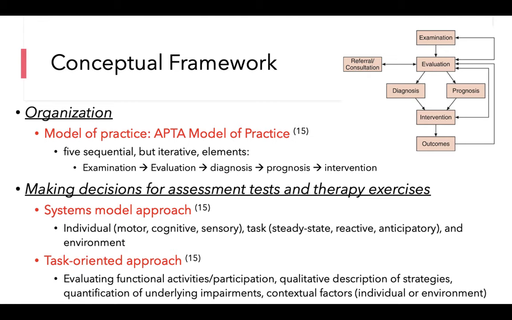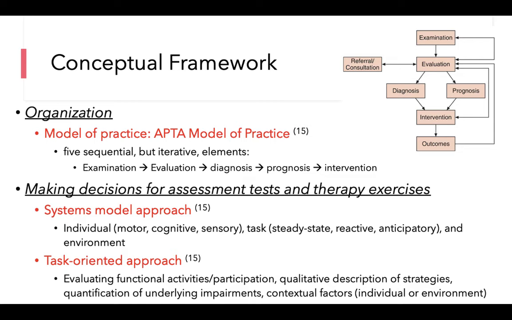And that's perfect for Janice since she has such a complex disease or disorder. But when I'm trying to make the decisions for what assessment tools and therapy exercises I'll choose for Janice, I'm going to take some different approaches. The systems model approach is great because it considers her individual systems and then the changing tasks and environments.